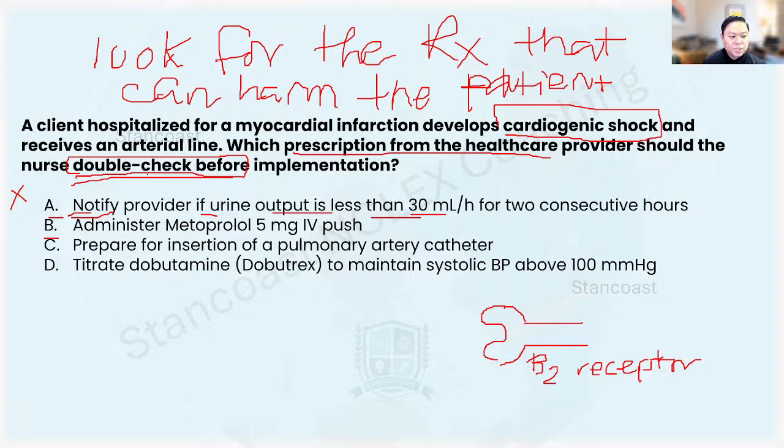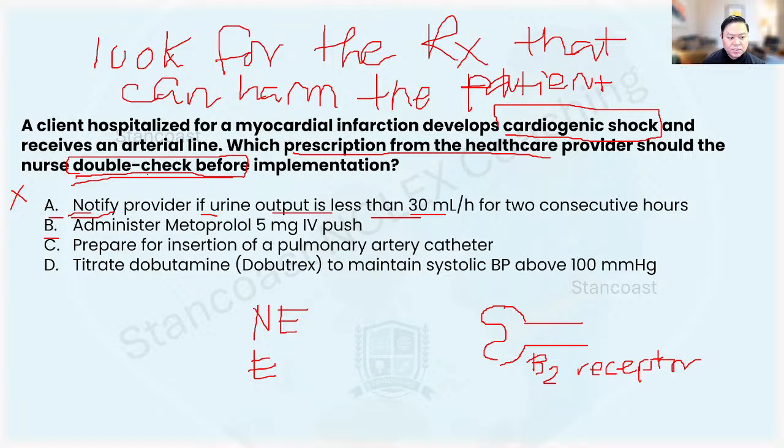So for example, in the normal physiology, NE stands for norepinephrine, or E, epinephrine, or noradrenaline or adrenaline. When the body produces the norepinephrine, noradrenaline, this will attach into the beta 2 receptor.